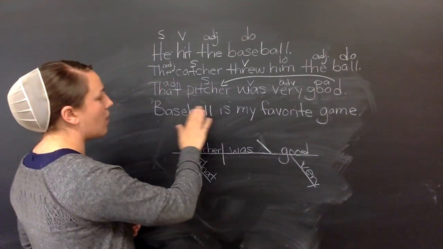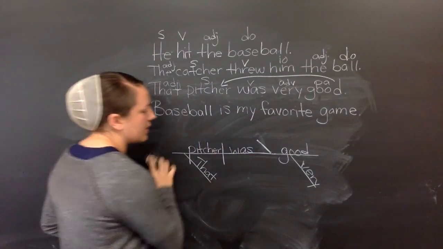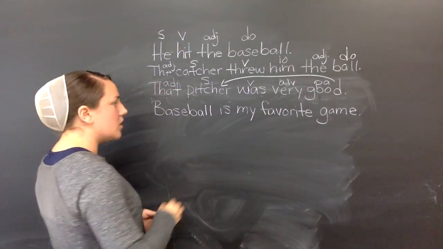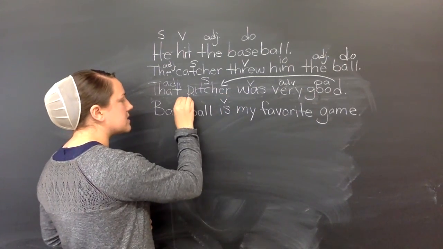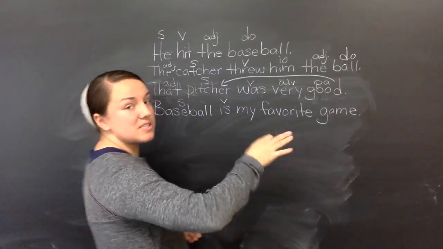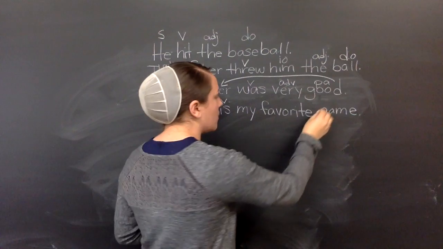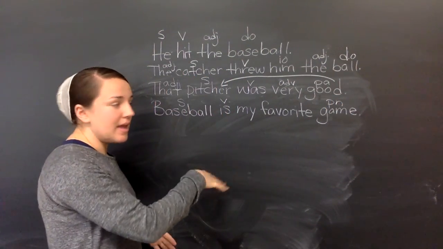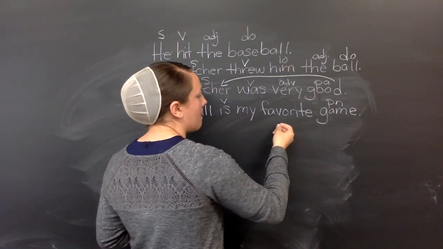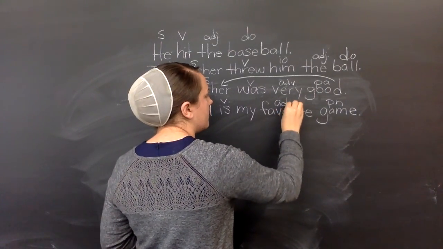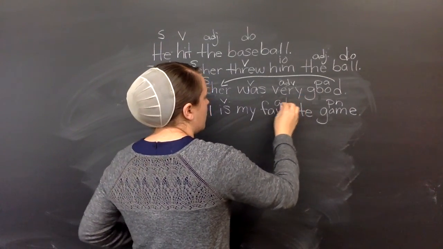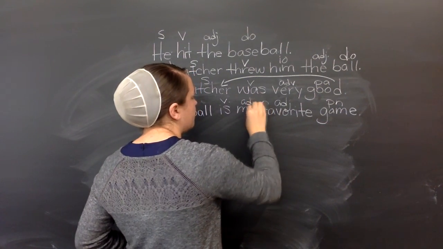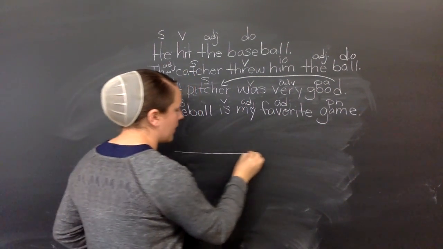Okay, then we have baseball is my favorite game. Let's go ahead and quickly do that one. So we have a verb, we have a subject. Now game is renaming baseball. So game is a predicate nominative. It follows a linking verb and it's renaming baseball. This is an adjective. Okay, so here we go.